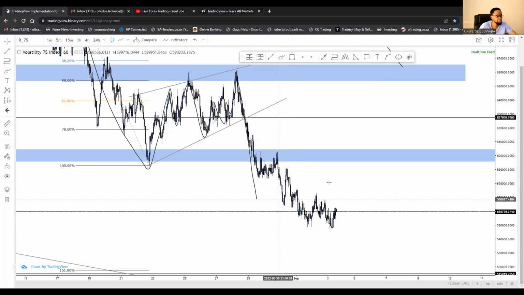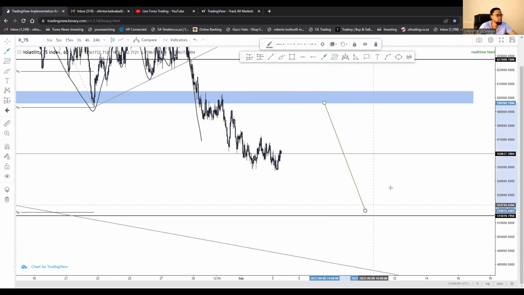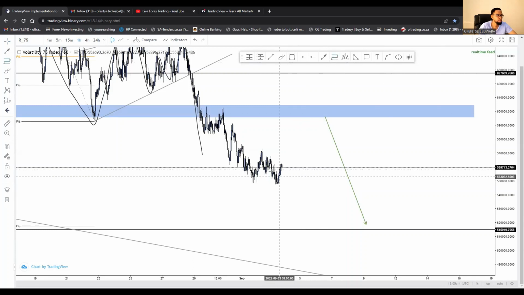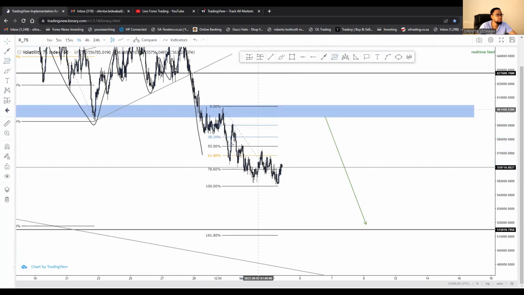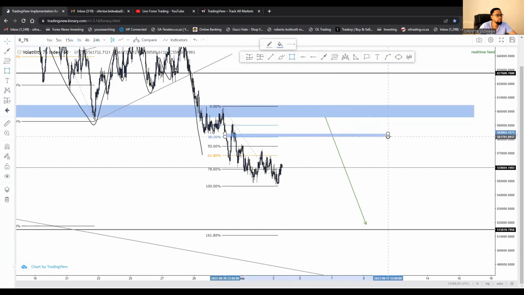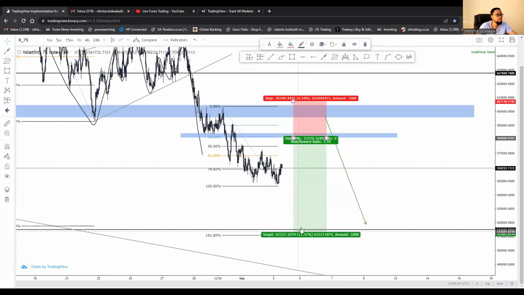You understand? So I want to see how the market will reach this point, because I'm definitely looking at the market going further to the downside. So let's see, we can take this one, voila. So my 38, I'm looking at having a sell position around here, then take it all the way down.